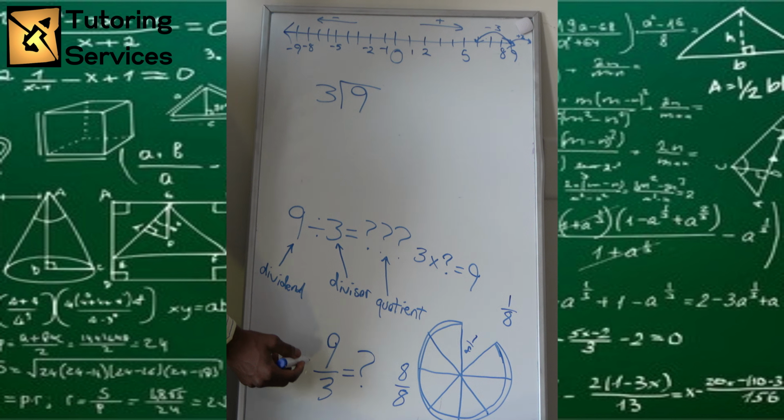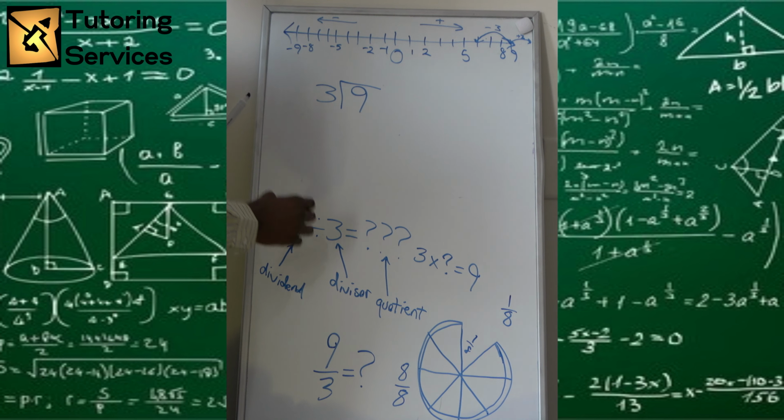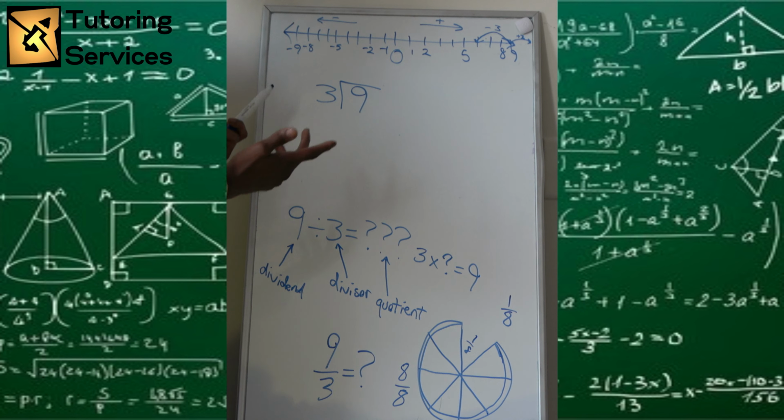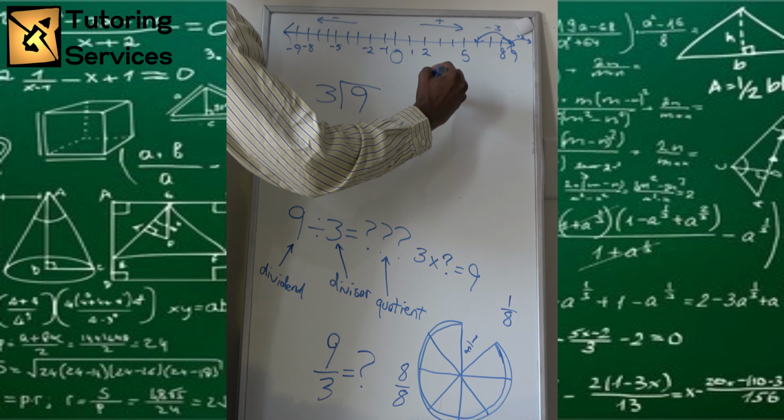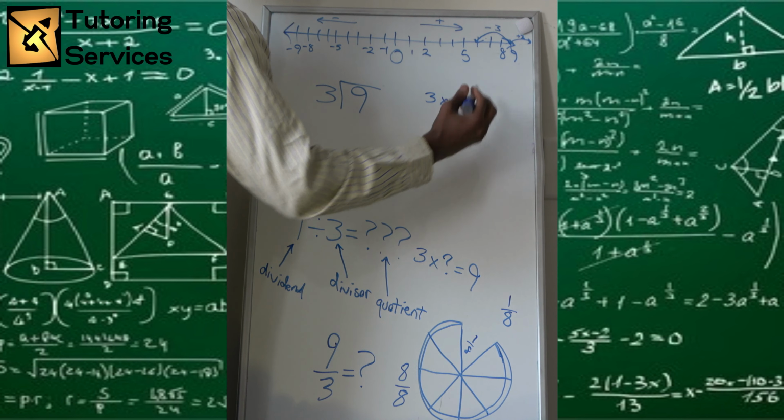But I only say that to say this is another way to write a division problem. Back to how you solve a division problem: you are finding out how many times this number can be multiplied to come up with your dividend. So, let's see. What is 3 times 1?